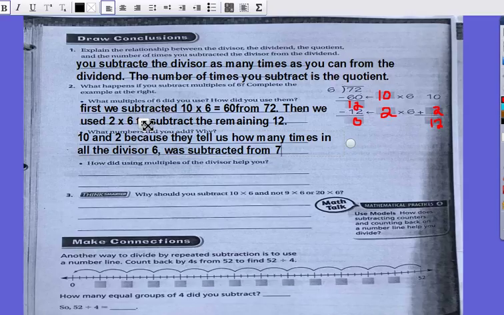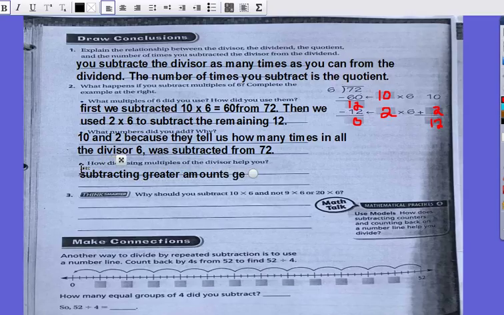How did using multiples of the divisor help you? Subtracting greater amounts gets me to the quotient, or answer, faster. Alright, so we're not going to do any of these other ones.